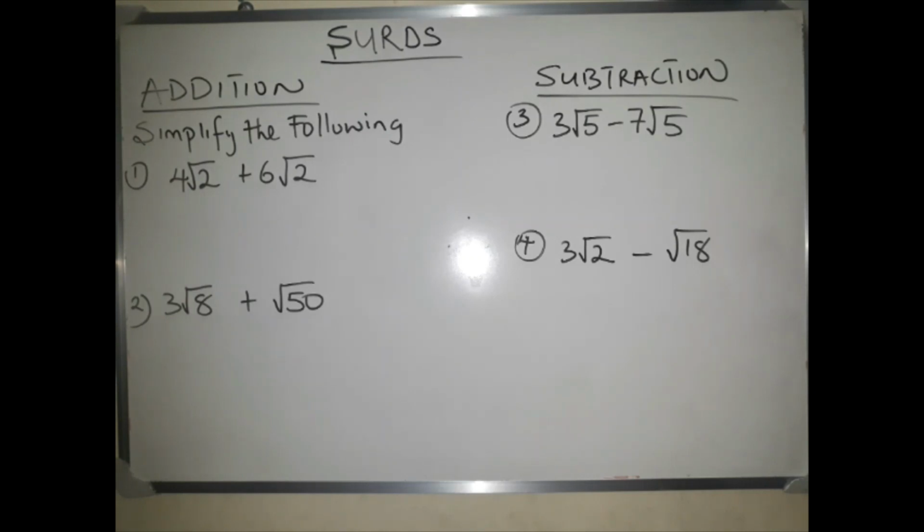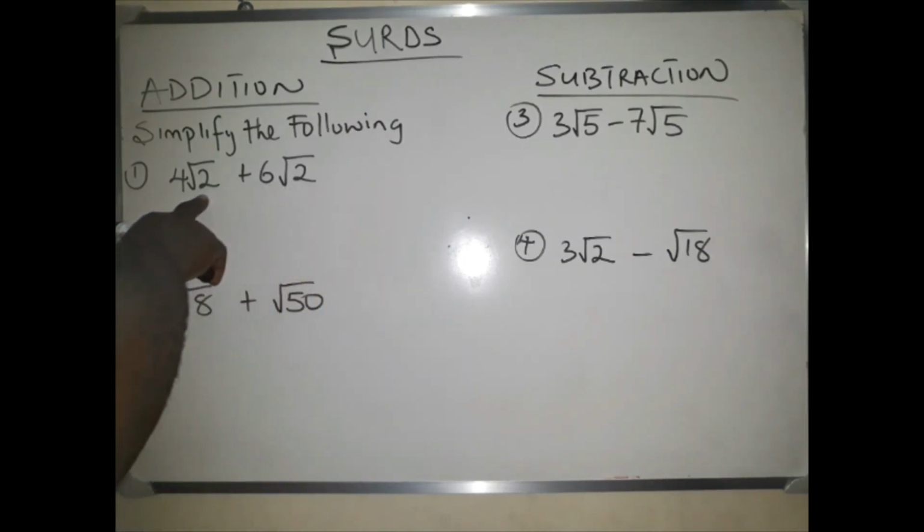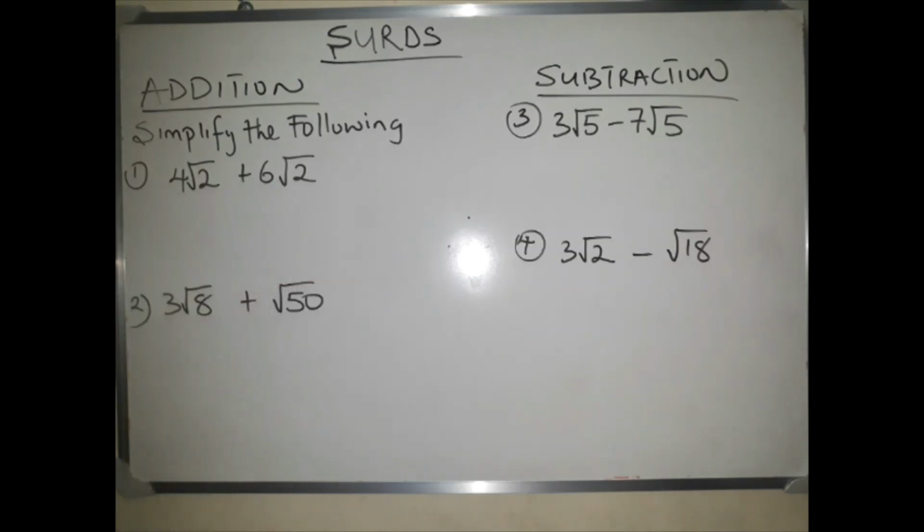Now, we all know what a like fraction is. A like fraction is one in which the denominators are the same. Now, a like surd is one in which the values within the square root are the same.